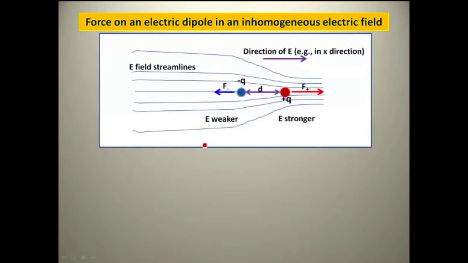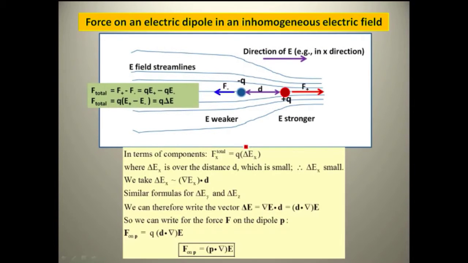If we look at it again, here's the same diagram, same force. If we now take a look at this in terms of x, so this is the x direction, this would be the total force acting on it. And we realize that this quantity here is over a distance d, which is very small. So if we have this small, we can represent it as follows.